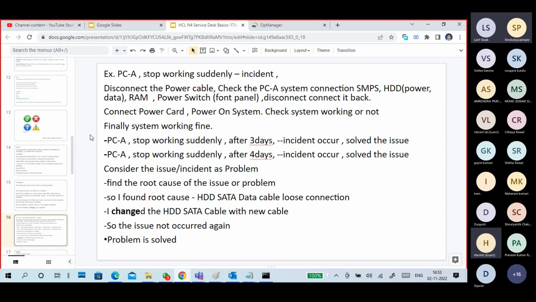It stopped working. It is throwing a message on the screen, unable to find a bootable disk, no boot manager, a blank screen kind of thing. So what I have done, yes, an issue occurred, that is an incident. So I go and fix it, right?